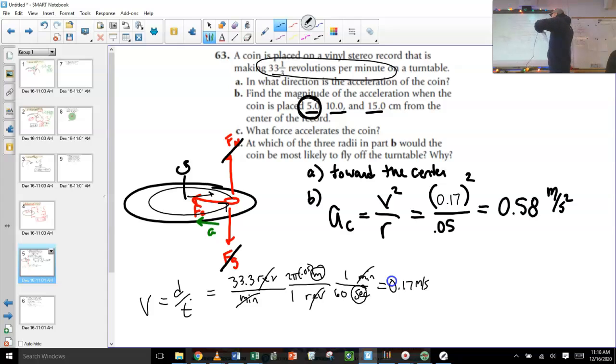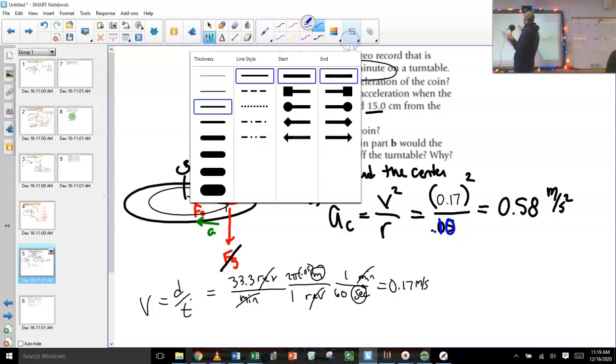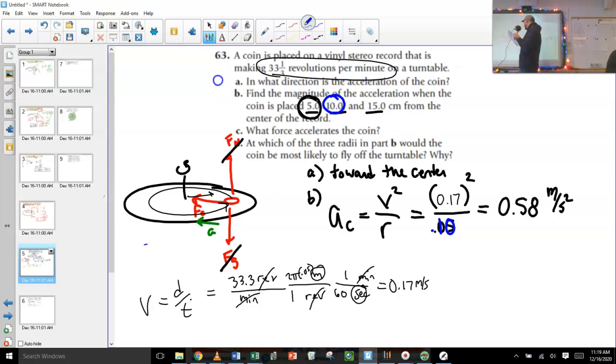Now I've got to do all of that for 10. So I'm going to change my color, and I'll do blue. So 10. I'm going to just change everything. I'm going to put 0.10 in here. And then I've got to change this part of it, 0.10, because it's still going at 33 1/3 revolutions per minute.